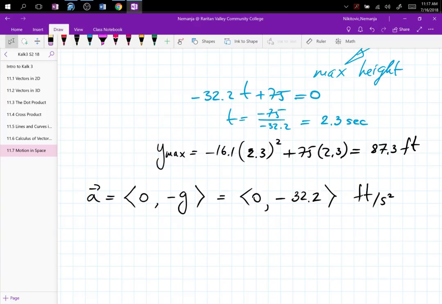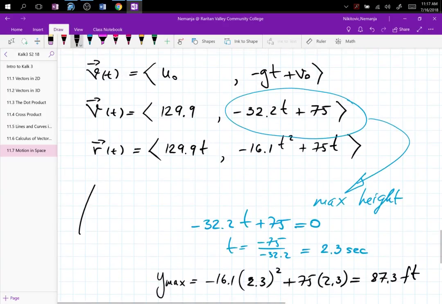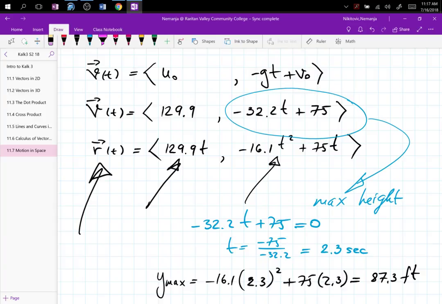Now, since you have the position vector being this one over here, given any time, you can figure out the x, which would be the range, and the height. You can figure out the range easily, because your height needs to be 0, right?